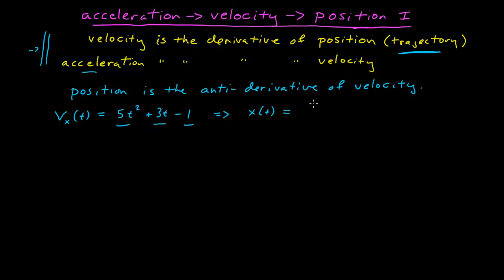So the antiderivative of 5t squared is 5/3 t cubed, and 3t is plus 3/2 t squared, and 1 then is just t. And then we have to add to our antiderivative this constant we call an integration constant, or sometimes just referred to as an arbitrary constant, because it can be any number that's not dependent on time, t.